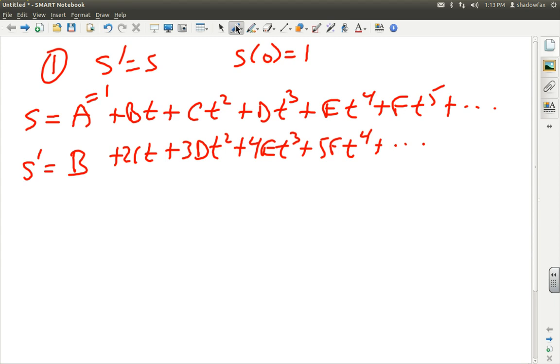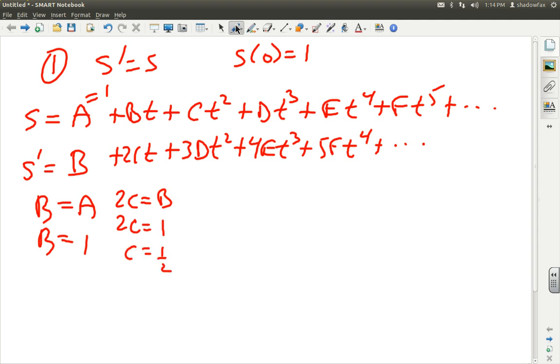So let's make these two expressions equal term for term. Like, let's see, b equal to a, the first two terms, but a is 1, so b is 1. All right. 2c equals b, but b is 1, so c is a half. Okay. 3d is equal to c then.